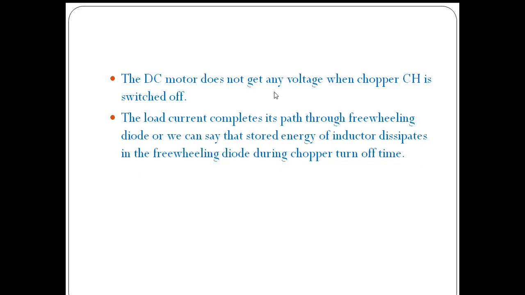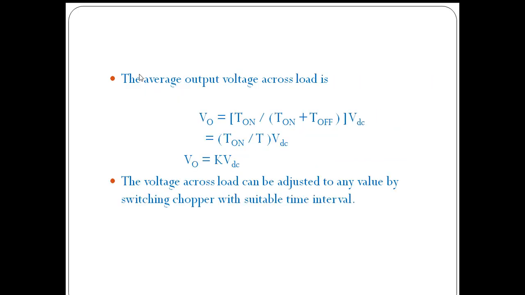The DC motor does not get any voltage when the chopper is switched off. The load current completes its path through the freewheeling diode, or we can say that the stored energy in the inductor will dissipate in the freewheeling diode during the chopper off time.